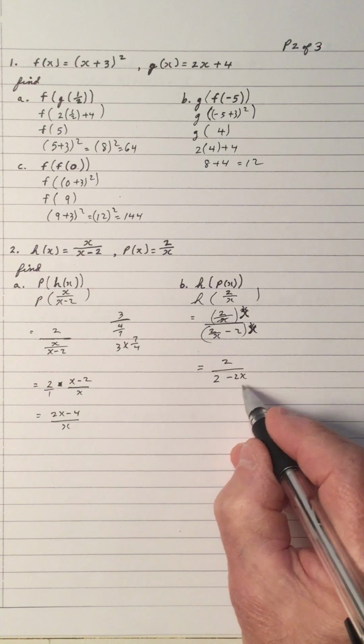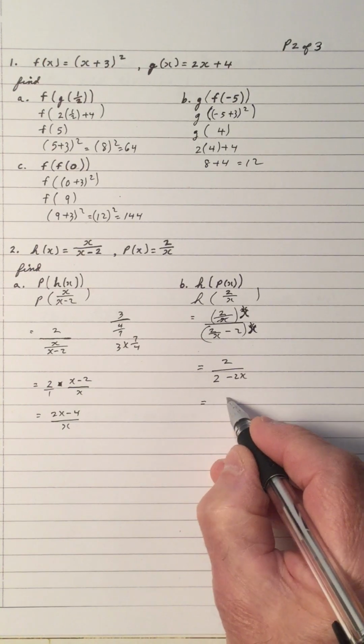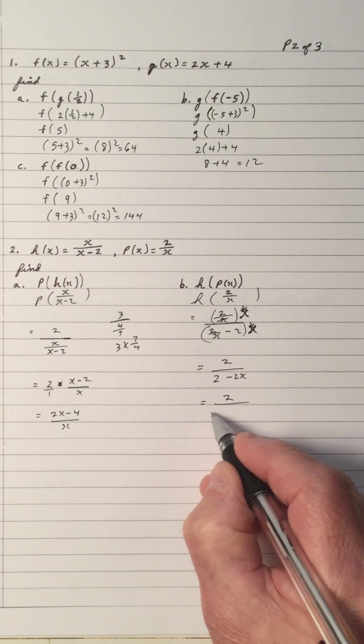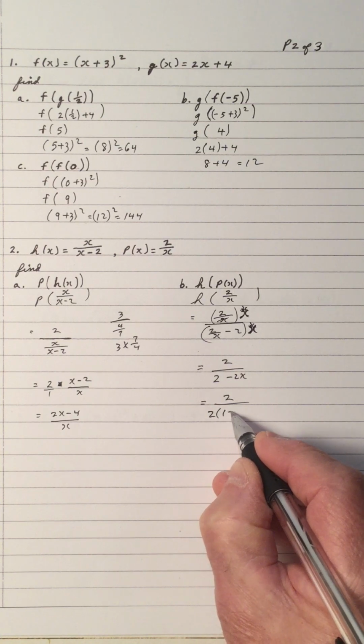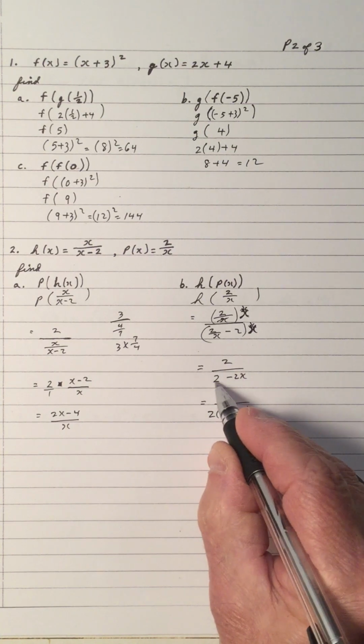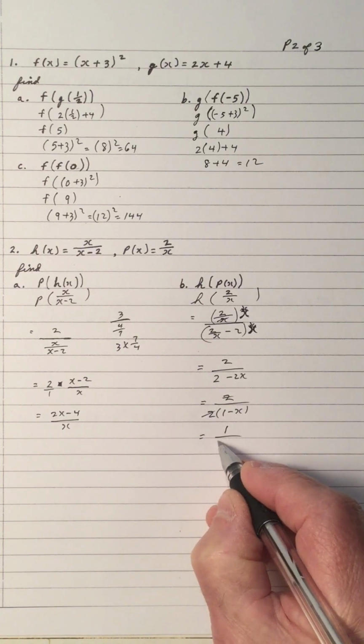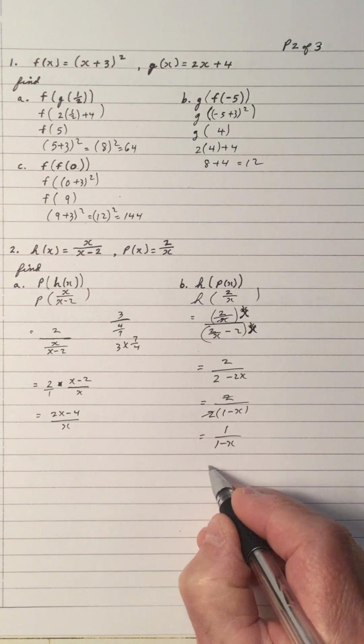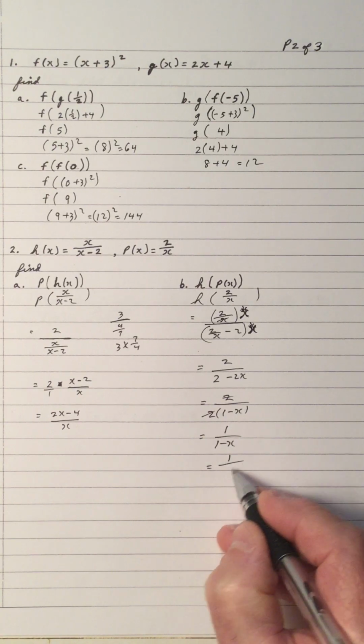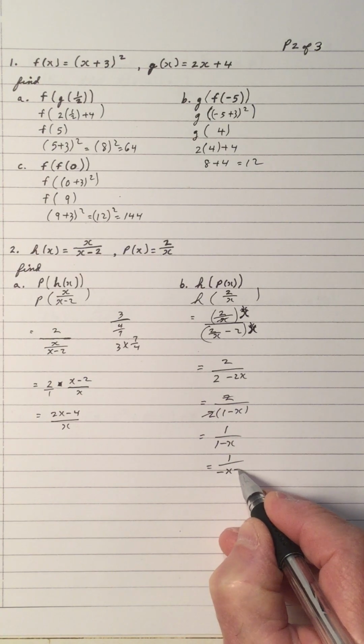And this can simplify if you want, because a 2 can come out: 2 times (1 minus x). 2 is a common factor on the bottom, and that means the 2s cancel, so I get 1 over 1 minus x, which could also be 1 over negative x plus 1.